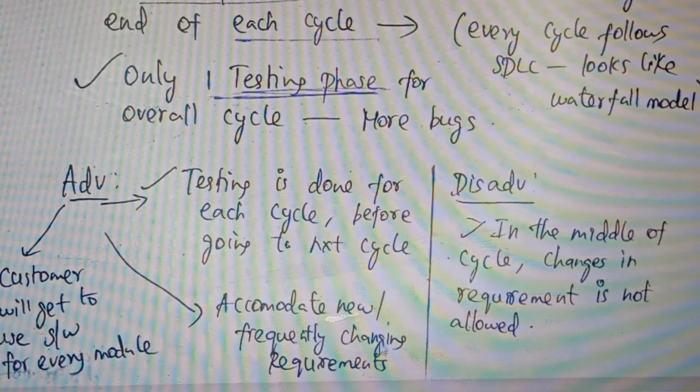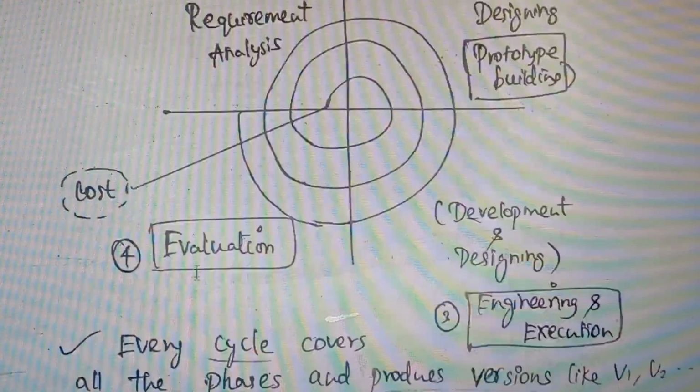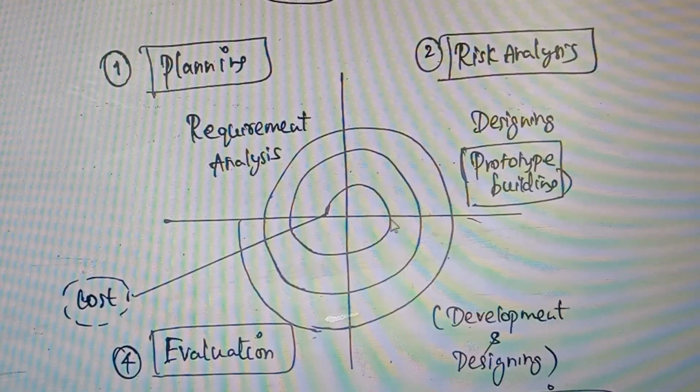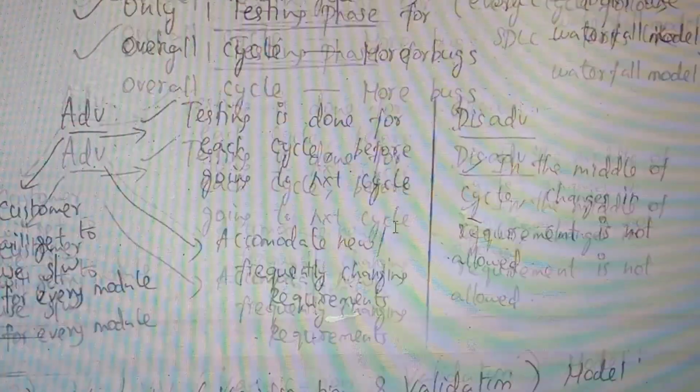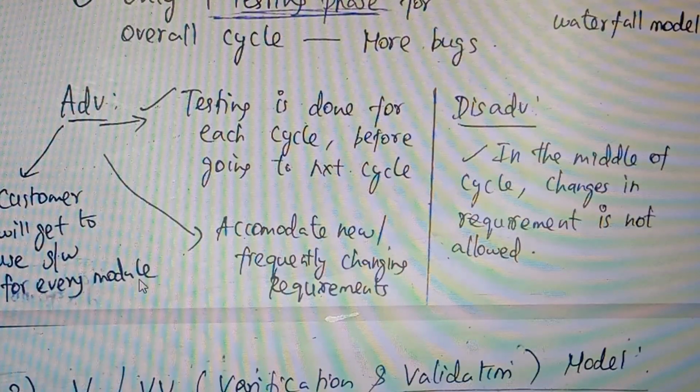You can change the requirements again and again if you are unclear about them, and the customer gets to use the software after completion of every cycle. So each cycle is given to the customer, and if he wants to make any changes, he can tell, and in the second cycle it can be iterated. And the next one, the development here is very fast. These are all the advantages.